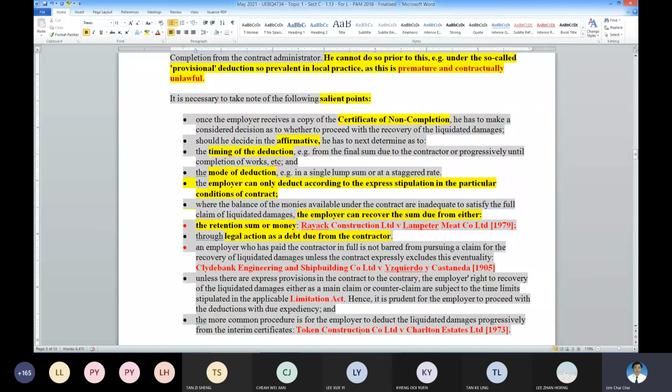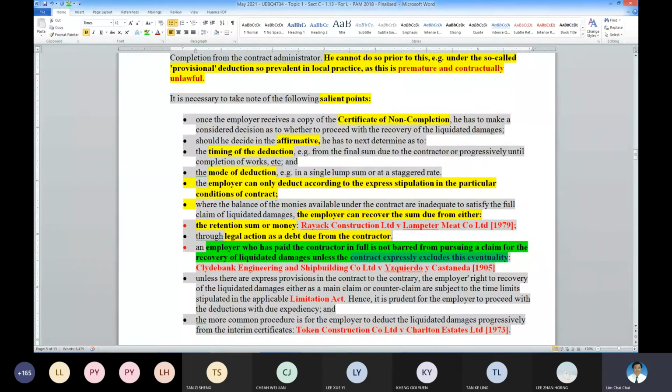So where the employer has paid the contractor in full, for example, after the final certificate is issued and all the money is paid already, can the employer take the LD back? It depends on the contract that is signed.